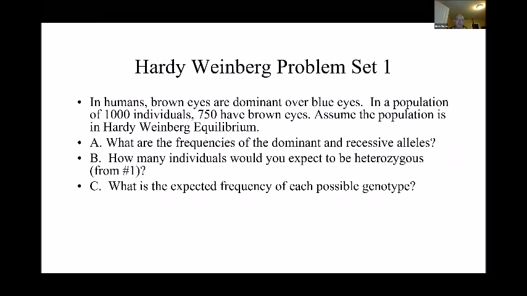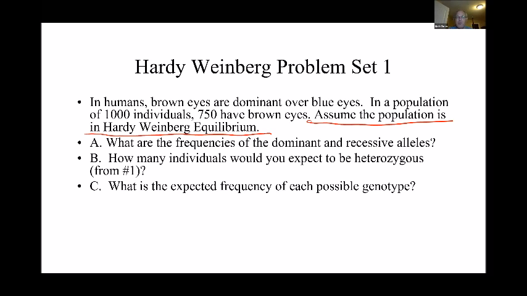So here's the most basic kind of problem. In humans, brown eyes are dominant over blue eyes. And by the way, that's an oversimplification of the genetics. In a population of 1,000 individuals, 750 have brown eyes. Important term: assume the population is in Hardy-Weinberg equilibrium.